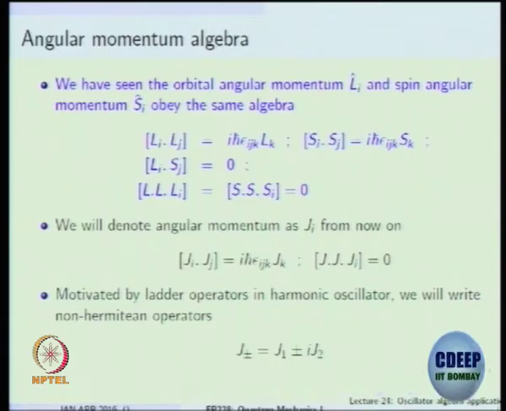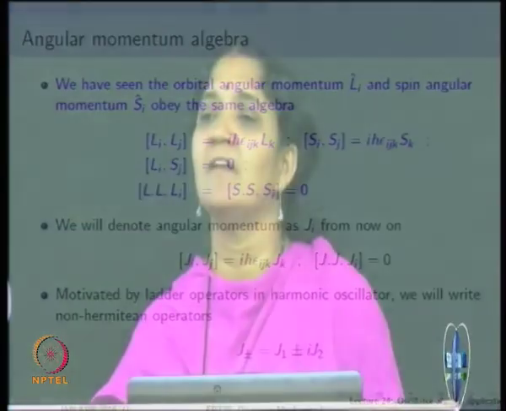What is the next thing? I had [Jx, Jy] to be iħ Jz. I would like to write the commutator of J plus with J minus, J plus with Jz and J minus with Jz, so that I can play around and find how to go about this problem.